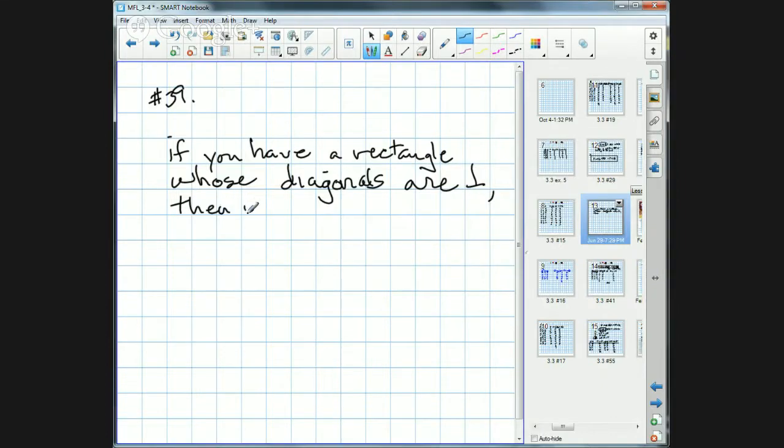No, the book gives you a little different wording, so then, oh yeah, then you have a square.